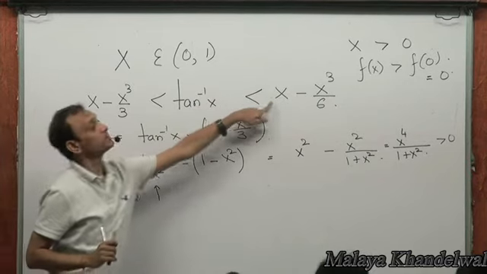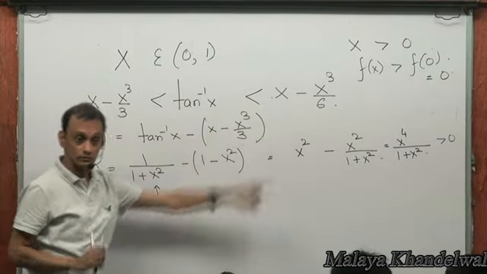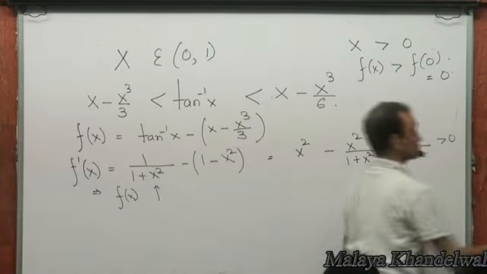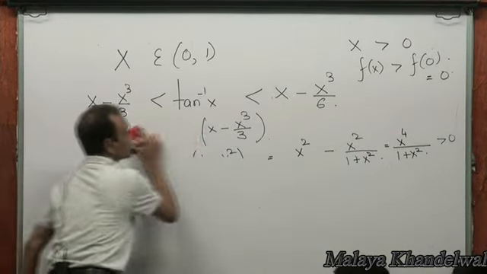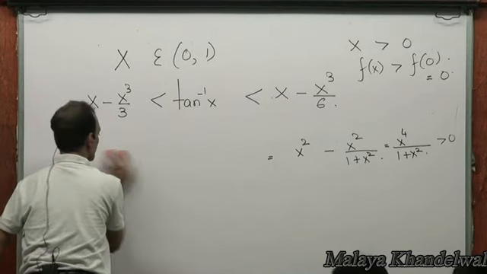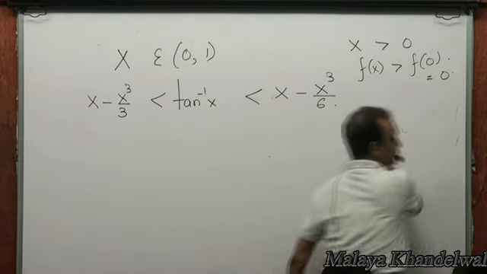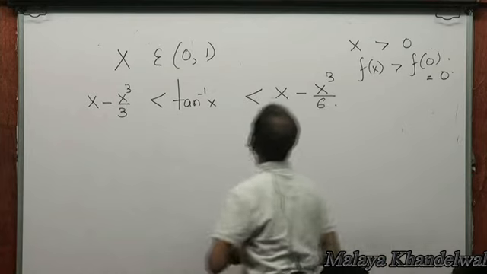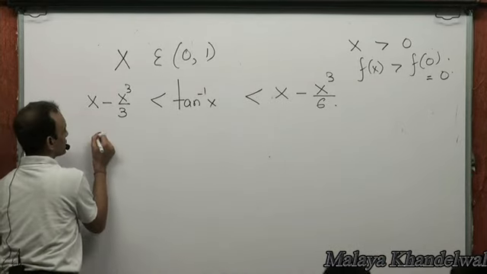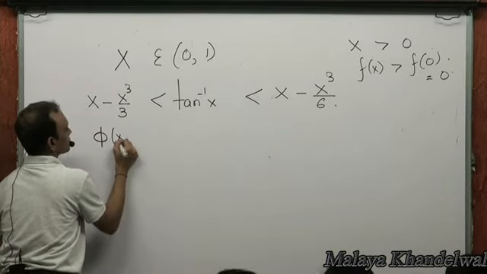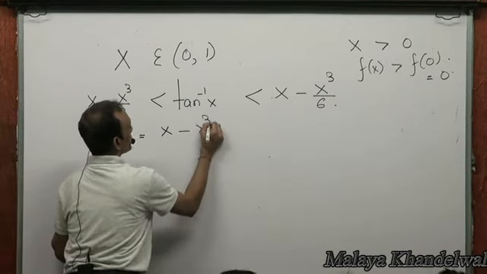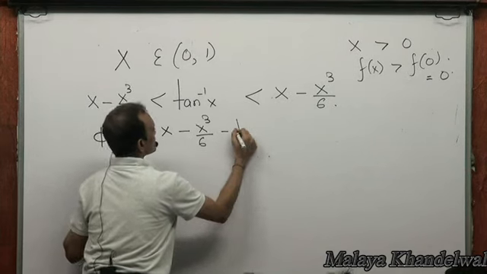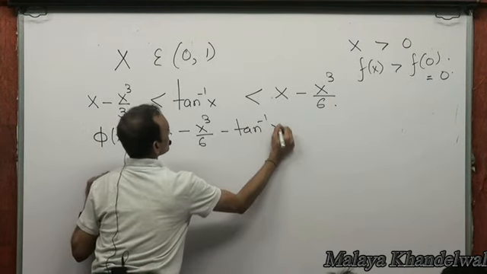Let me examine the next part of this inequality. This one. Let me construct a function phi x, which is x minus x cubed by 6 minus tan inverse x.